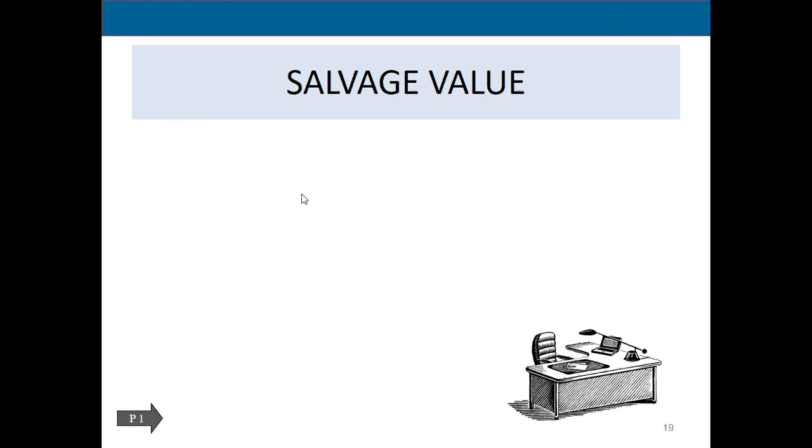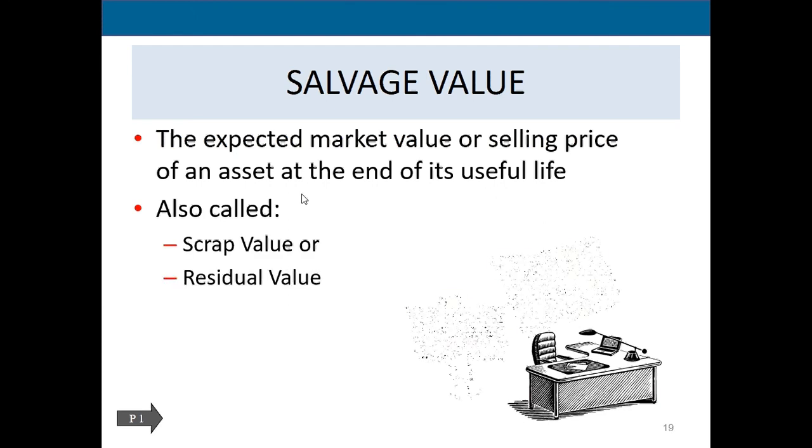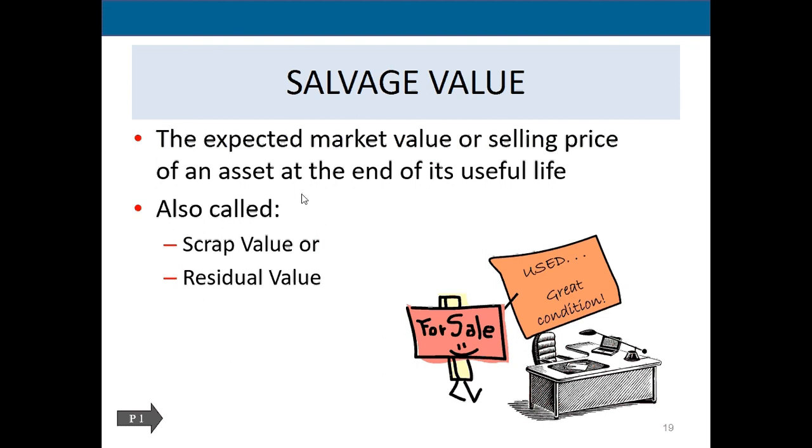But the truth of the matter is, I can probably still sell it for $1,500, $2,000. Even if I took it to the scrapyard, I'm going to get some money for it. And that's what salvage value is. It's the expected market value or selling price of an asset at the end of its useful life. So it's also called scrap value or residual value.